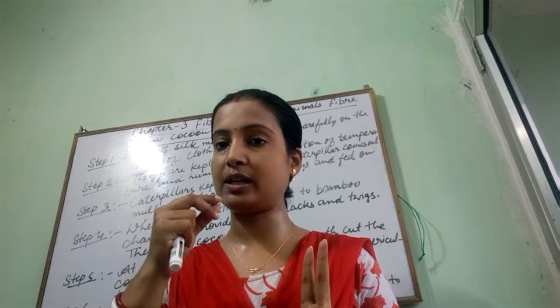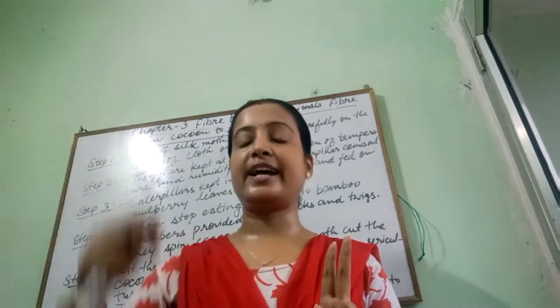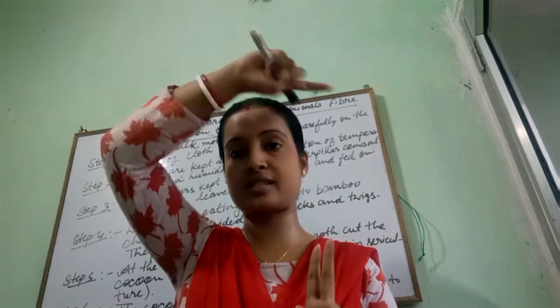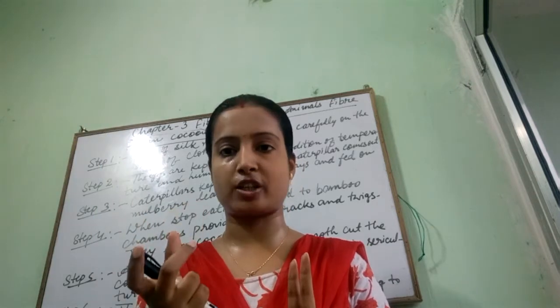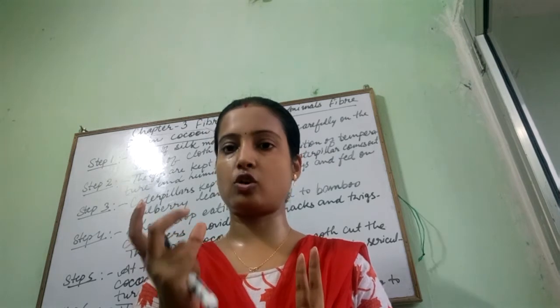Whenever the fibroin comes out and is exposed to air, it hardens and wraps the silk moth in a ball-type structure. This ball-type structure is called a cocoon.